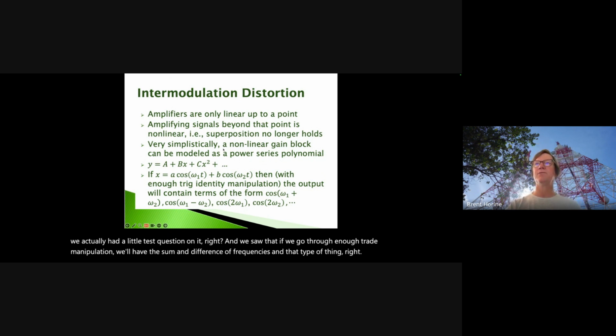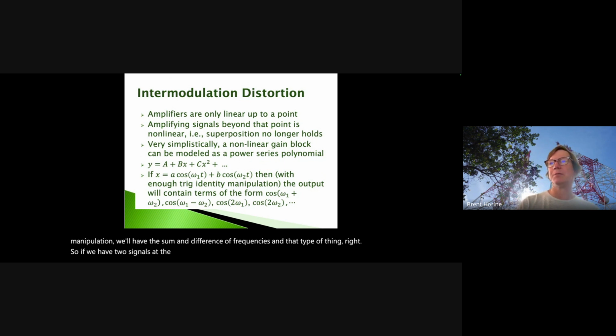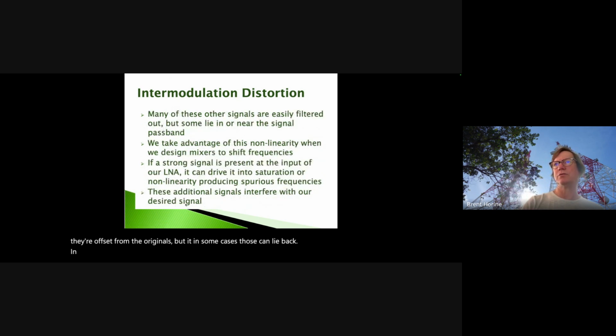So if we have two signals at the input of our amplifier, and at least one of those signals is strong enough to drive that amplifier into its nonlinear region, then we're going to generate additional signals at additional frequencies. And it's possible that some of these frequencies, yeah, they're offset from the originals, but in some cases, those can lie back in band where they'll cause you interference.